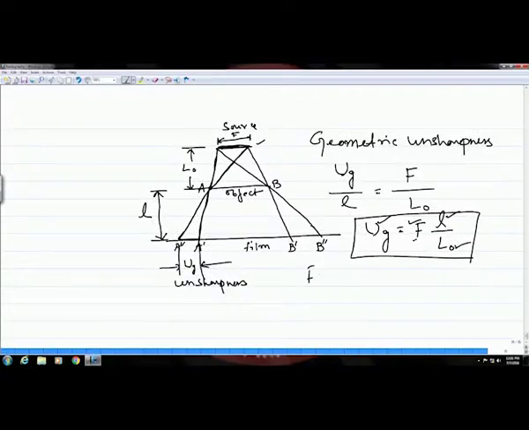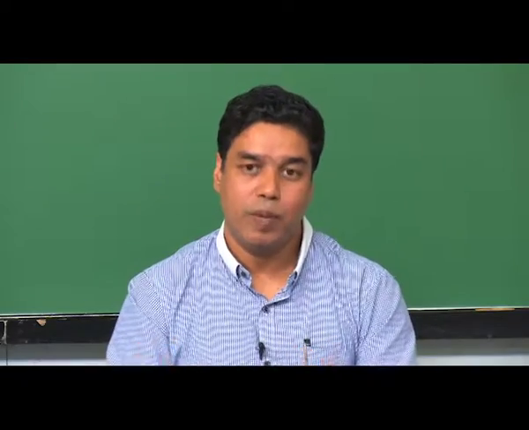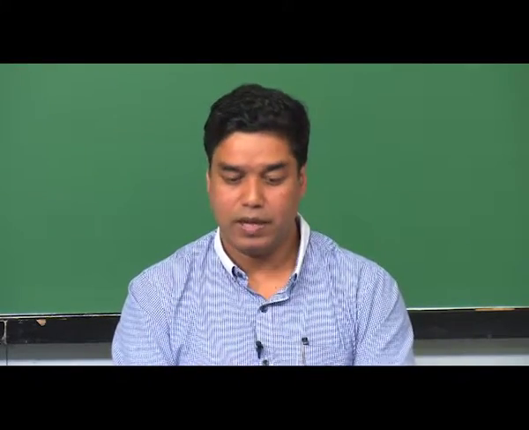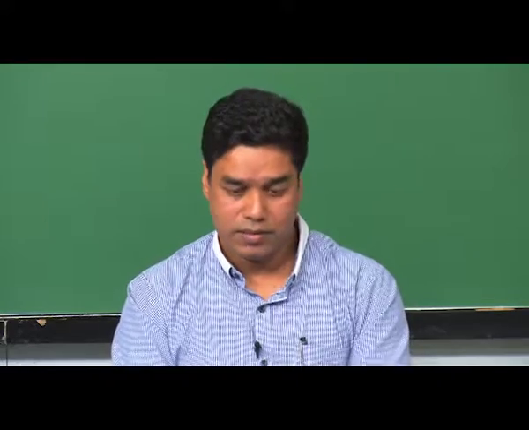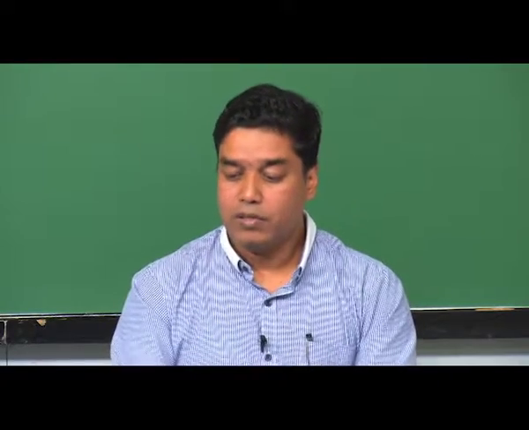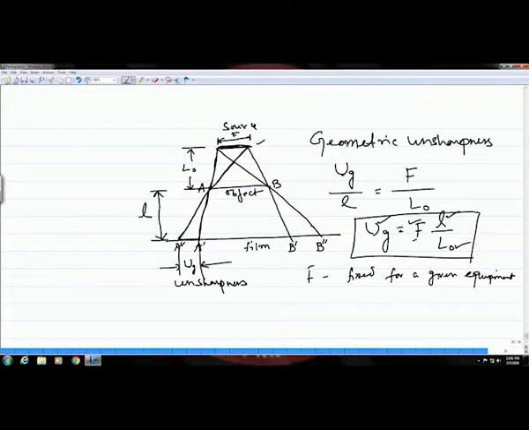So, that means for a given machine your f is fixed, for a given source and a given equipment. So, that means the other 2 parameters that you have to play around are these 2 distances L and L naught. Okay. So, if you maximize L naught, that is the distance between the source and the object, then your UG will be minimized.